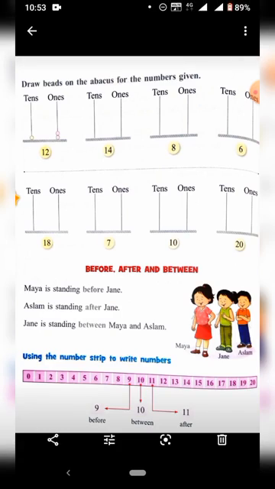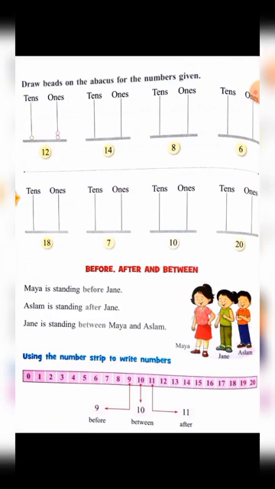So, using the number strip to write numbers. If we consider 3 numbers, 9, 10 and 11, then 11 is after the number 10. So we should write 11 after 10. Then 9 is before the number 10, because we should write it before 10.